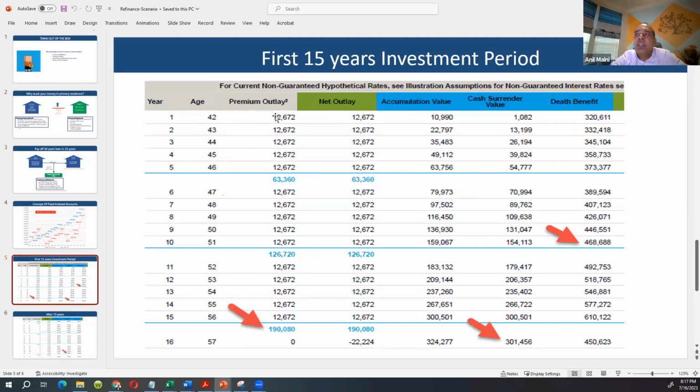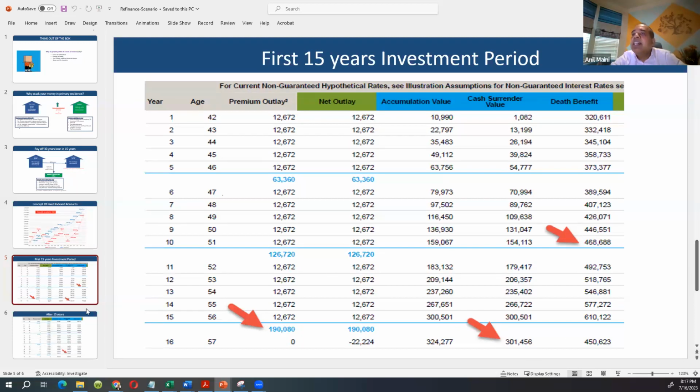Okay, so when I ran the illustration, this is just very high level. The difference between 30-year and 15-year payments was around $12,000 per year. Okay, around $1,060 per month. So that is around $12,000 per year. So this 42-year-old gentleman started putting $12,000 into IUL, and his money grew to 300K.